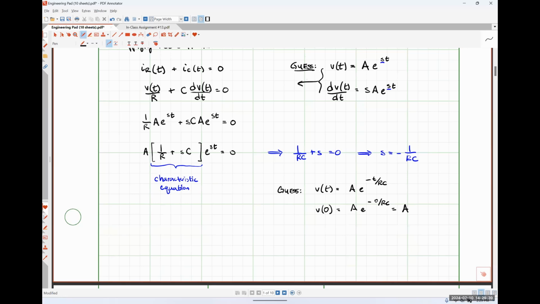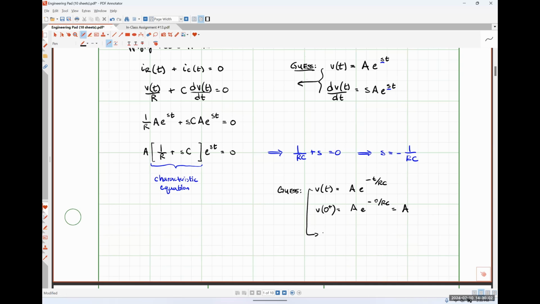So our coefficient A is just whatever was going on with the capacitor at 0. I'm going to make a very slight change in this designation here. And instead of saying 0 generally, I'm going to explicitly say what's going on at t is equal to 0 plus.